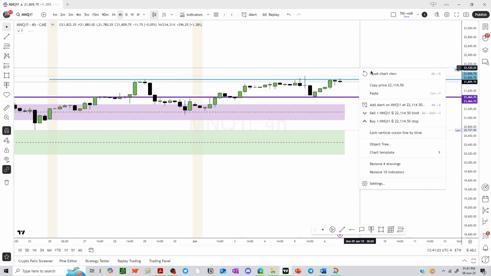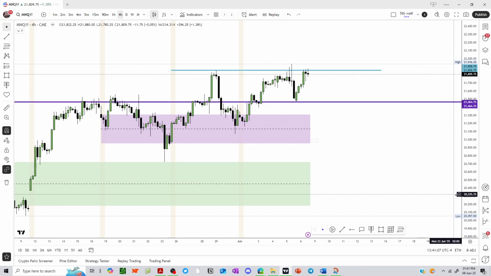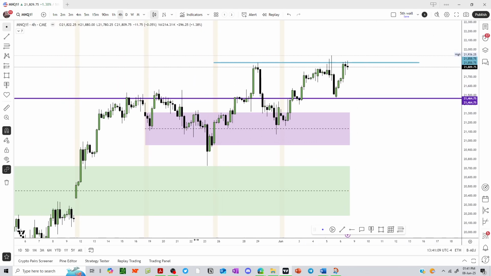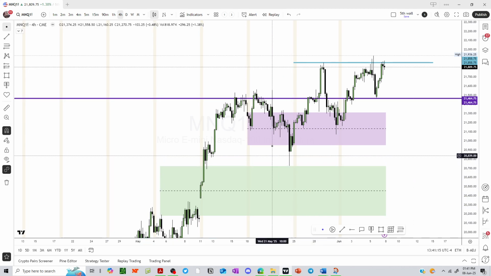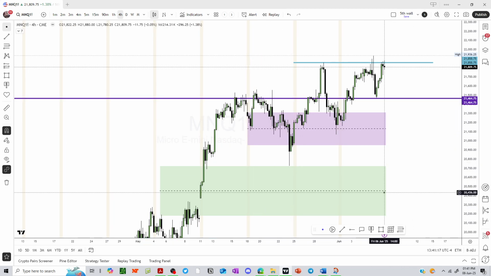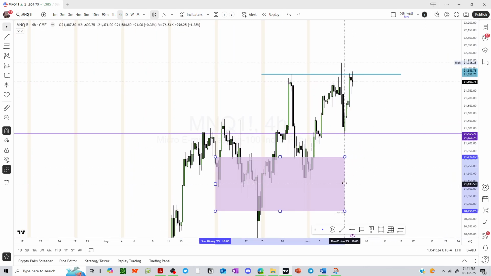We're going to finish talking about this week here. So that's a weekly bullish fair value gap. We have this order block, weekly order block highlighted here.